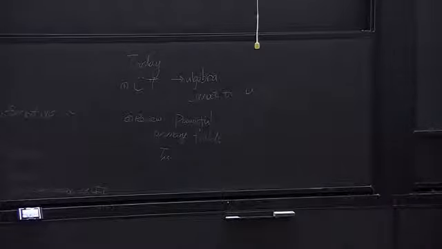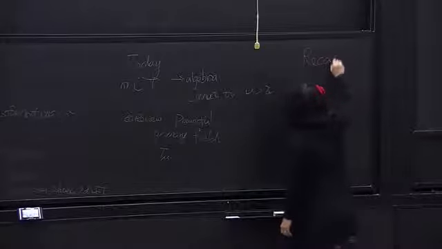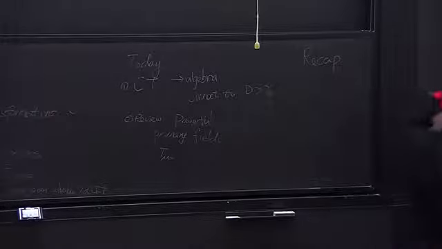Anyway, before we get started, I guess we should recap what we learned last week, from last Monday and Tuesday. So it might make sense for me to write it again.